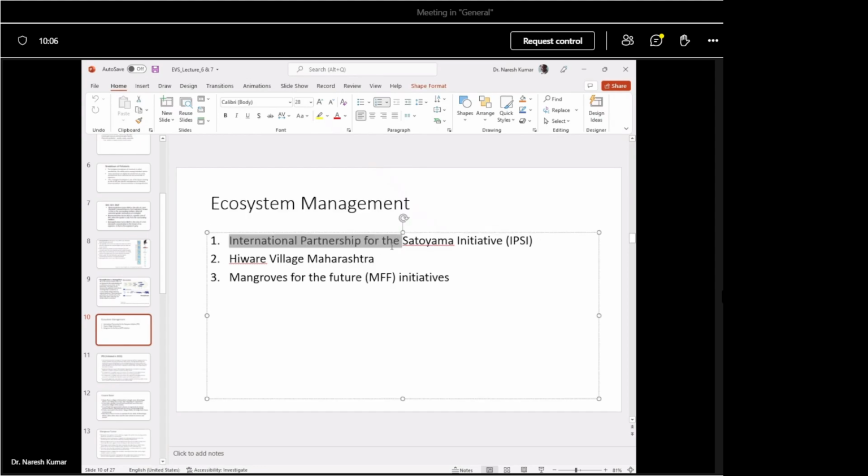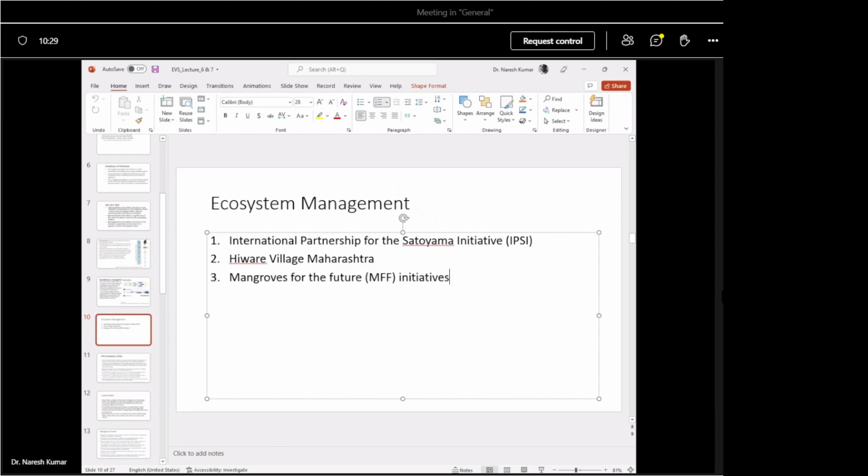One is the International Partnership for the Satoyama Initiative. And the other one is Hivre village in our own Maharashtra. And then the Mangroves for the Future initiative.